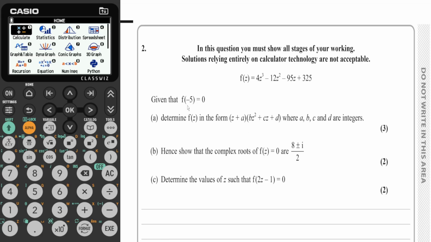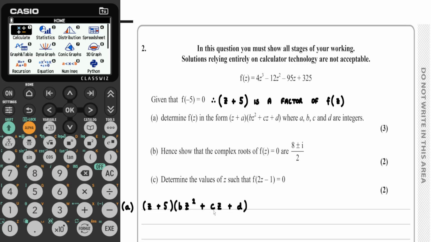To begin with, if we know that f of negative 5 is equal to 0, that would mean z plus 5 is a factor of f of z, meaning we would have z plus 5 multiplied by some quadratic bz squared plus cz plus d being equivalent to 4z cubed subtract 12z squared subtract 95z plus 325, and so a will be 5.